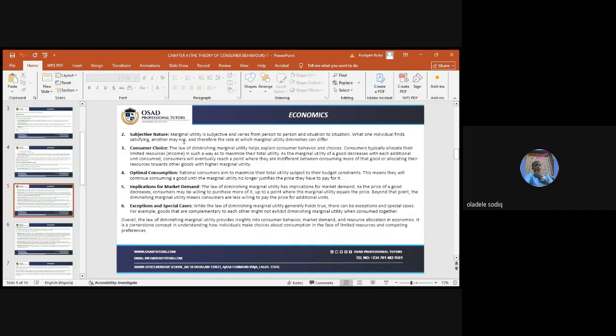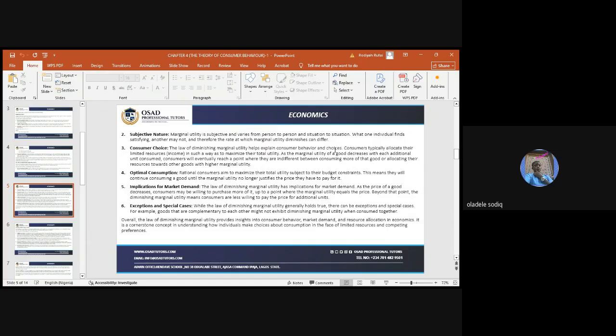Another one again is consumer choice. Like I've always said, we all have different choices. So the law of diminishing marginal utility helps to explain consumer behavior and choice. That is, through utility, we can explain how consumers behave and how consumers make their what? Their choices.